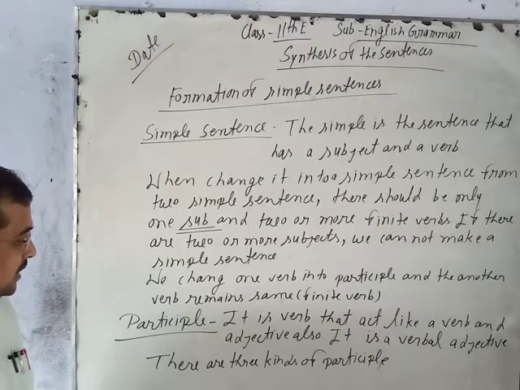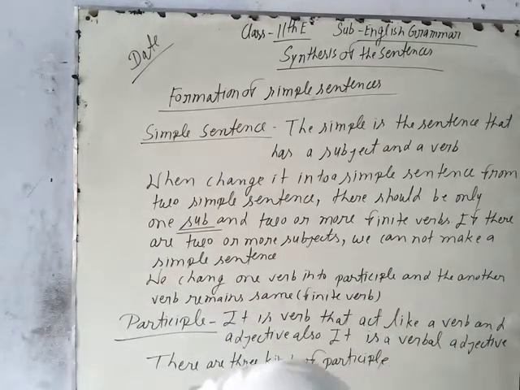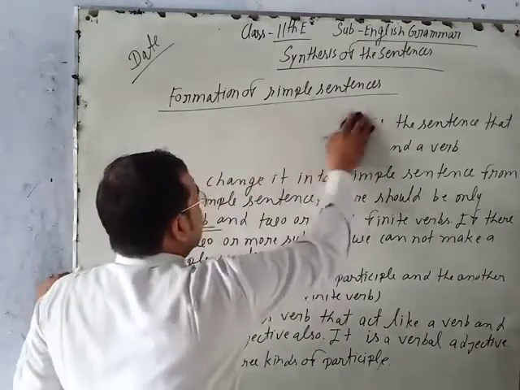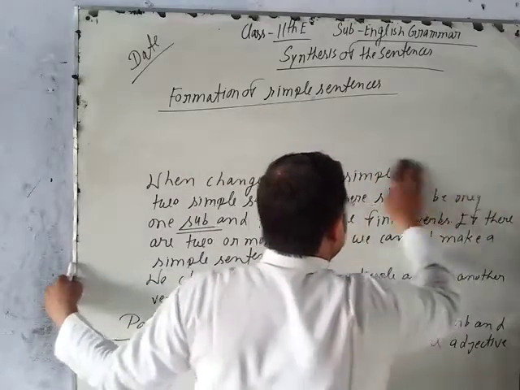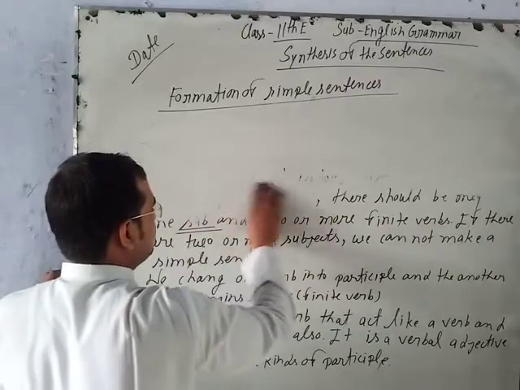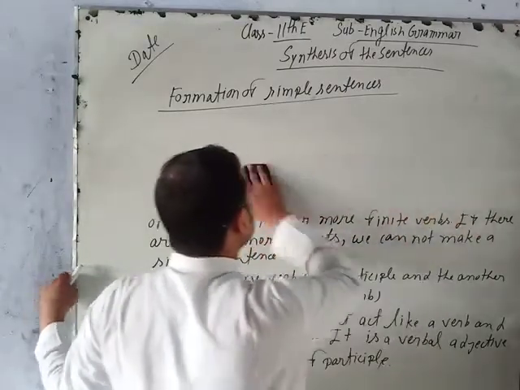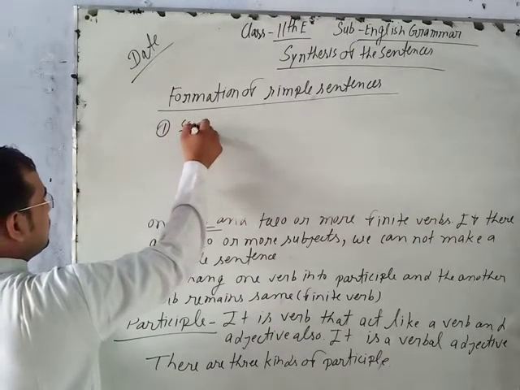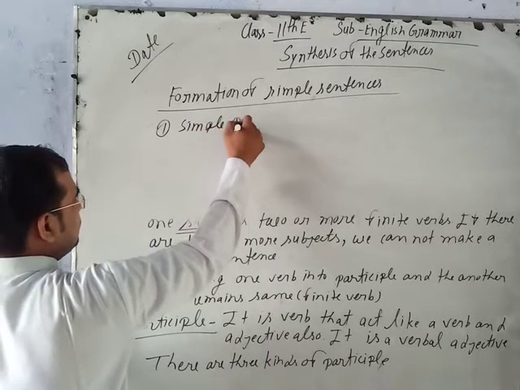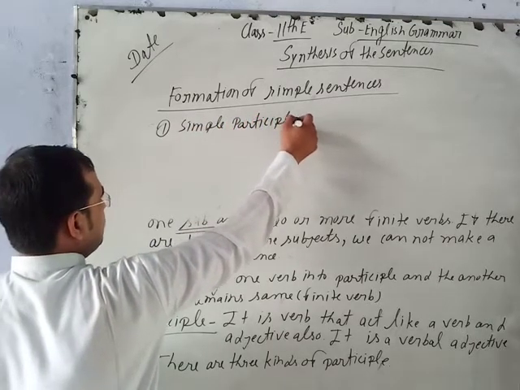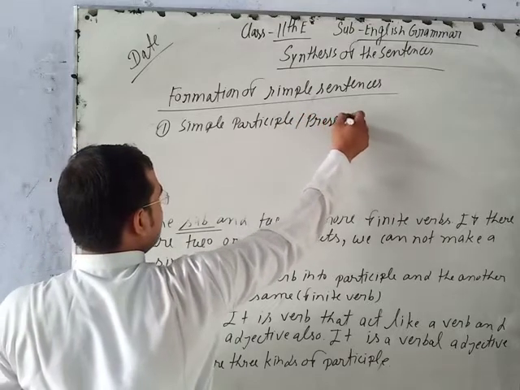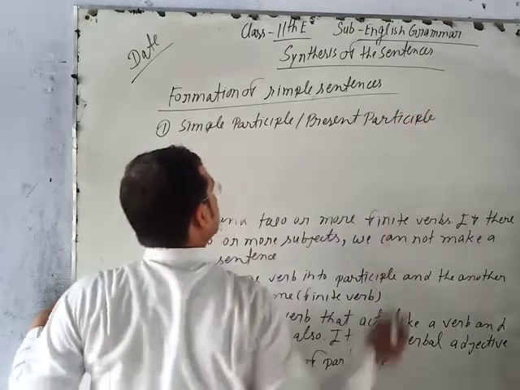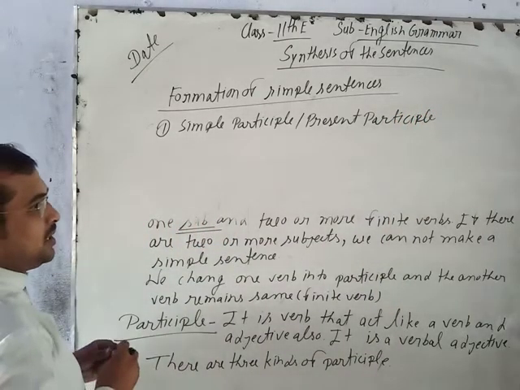Let us see its kinds. There are three kinds of participle. Number first, simple participle or present participle.